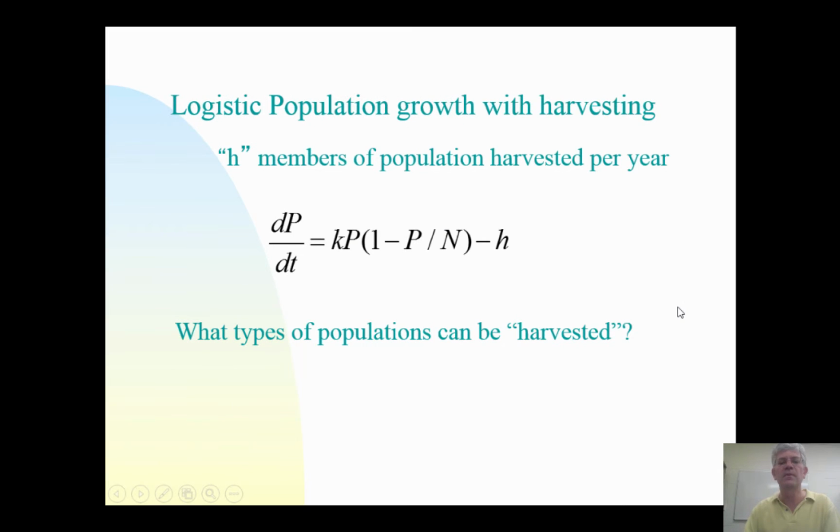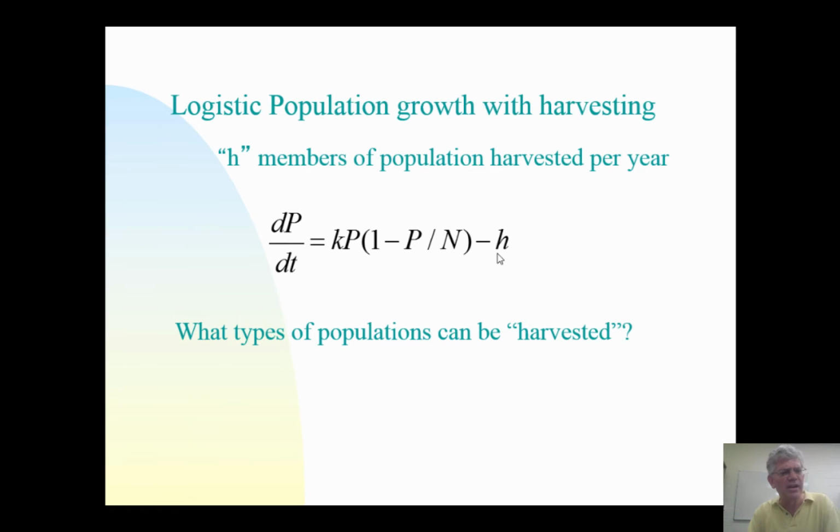This then leads into the next topic, which is having growth with a logistic equation, but then we have harvesting. And mathematically, in our differential equation, that is represented by this term minus h, that each year h members of the population get harvested.